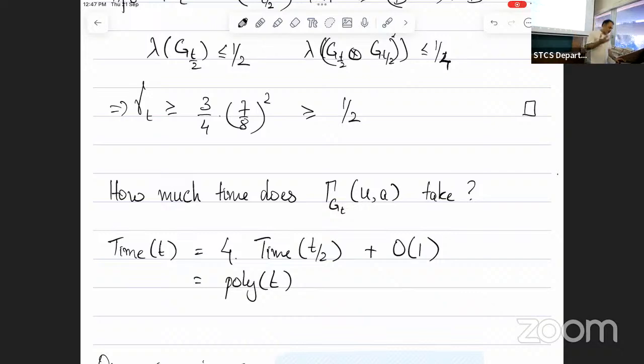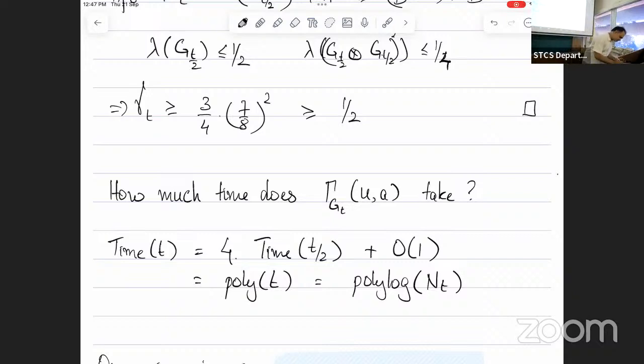But on the other hand, the number of vertices was exponential in t. So this is polylog in NT, because NT was exponential in t.